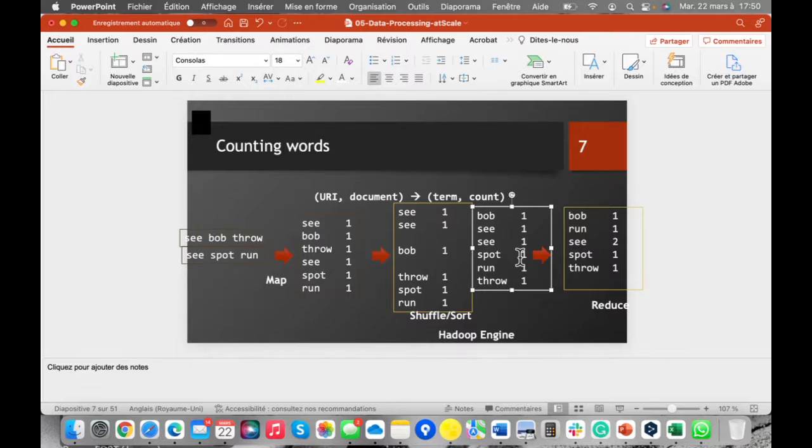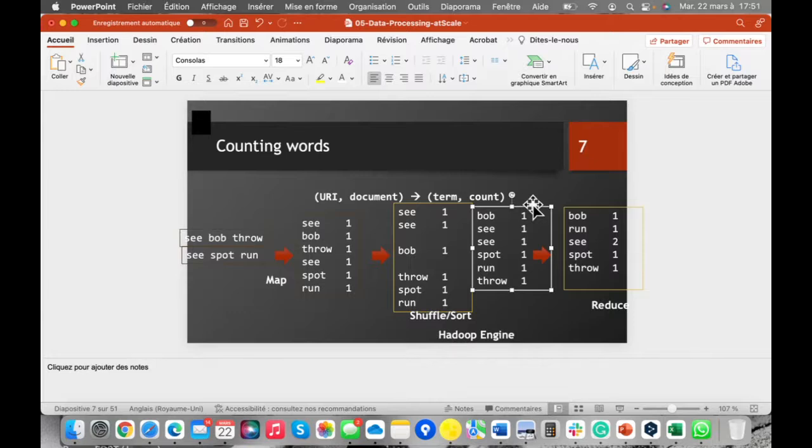And then the job tracker says, okay, the shuffling and sorting parts have finished. Now I'm going to start the reducer processes, and they will be fed by this input. So they pick from HDFS, and they use pieces of this data to run.